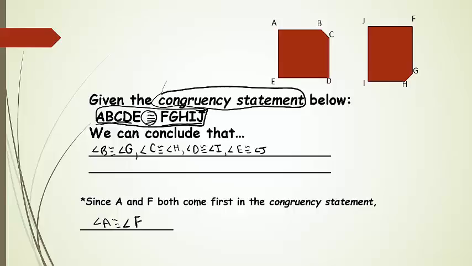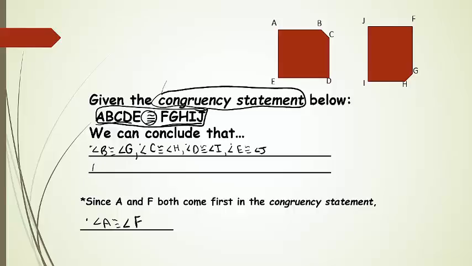So if you do this right, you should count up 1, 2, 3, 4, 5 pairs of congruent corresponding angles, because obviously there's 5 angles in the picture. We can also make some conclusions about the sides.